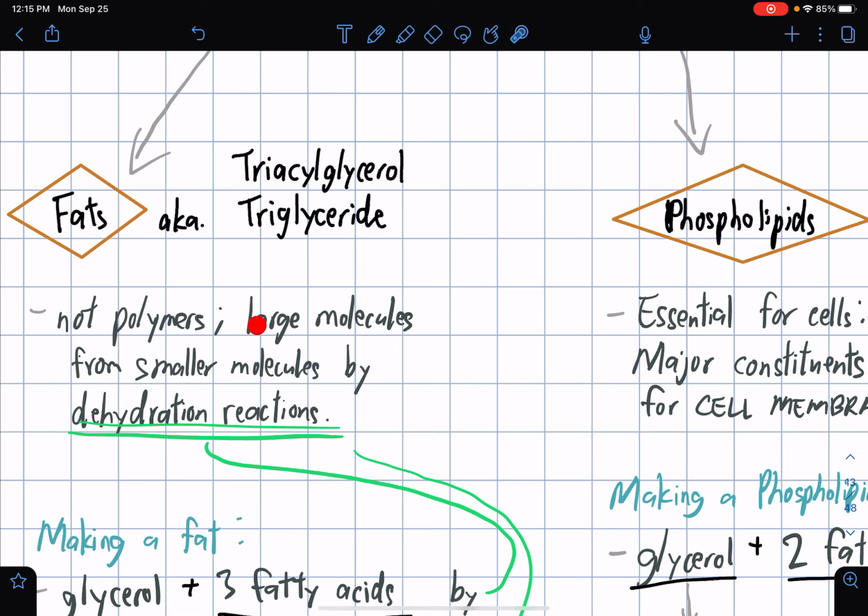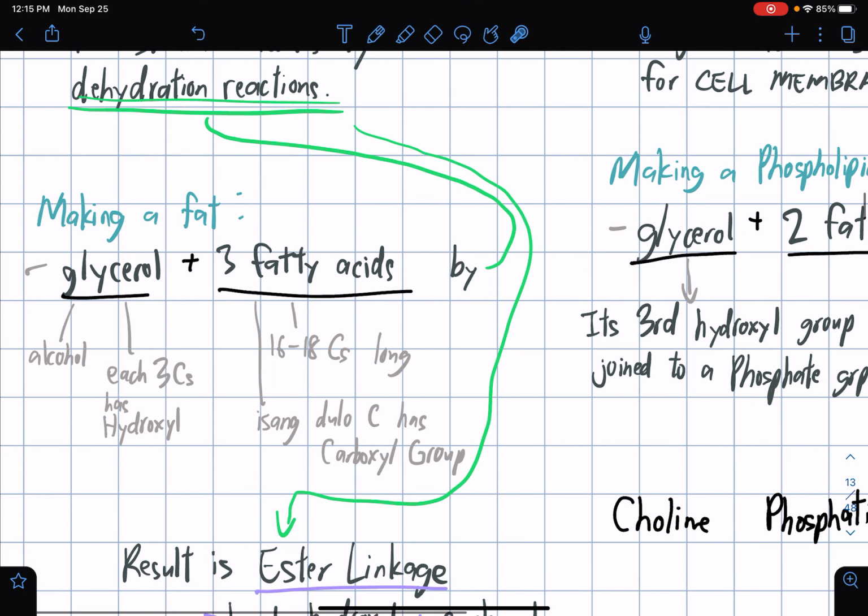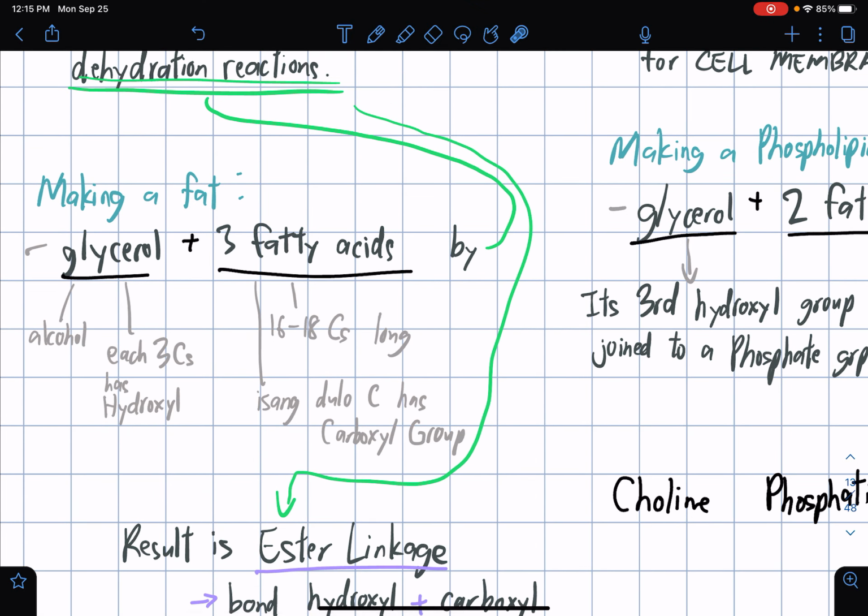Fats are not true polymers. They are large molecules made from smaller molecules by dehydration reactions. In making a fat, we use a single glycerol and three fatty acids. Glycerol consists of an alcohol with three carbons, and each of them has a hydroxyl group.